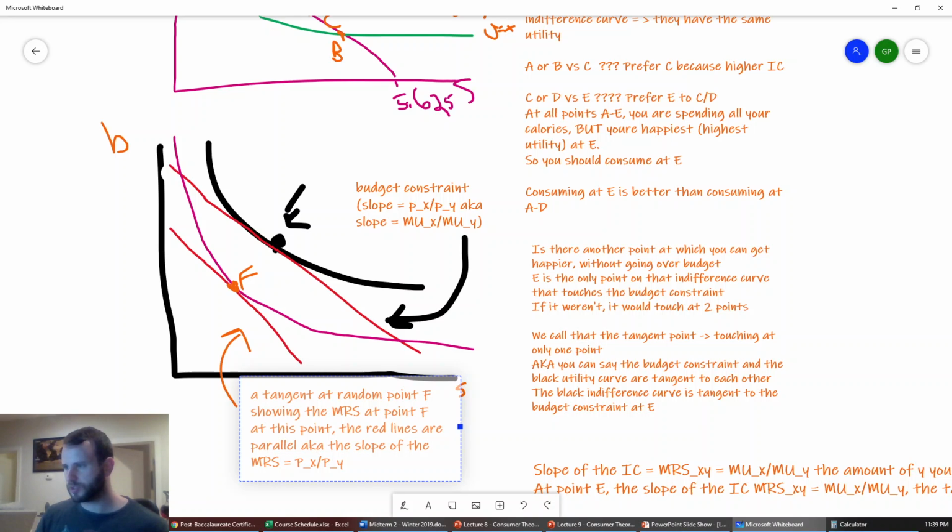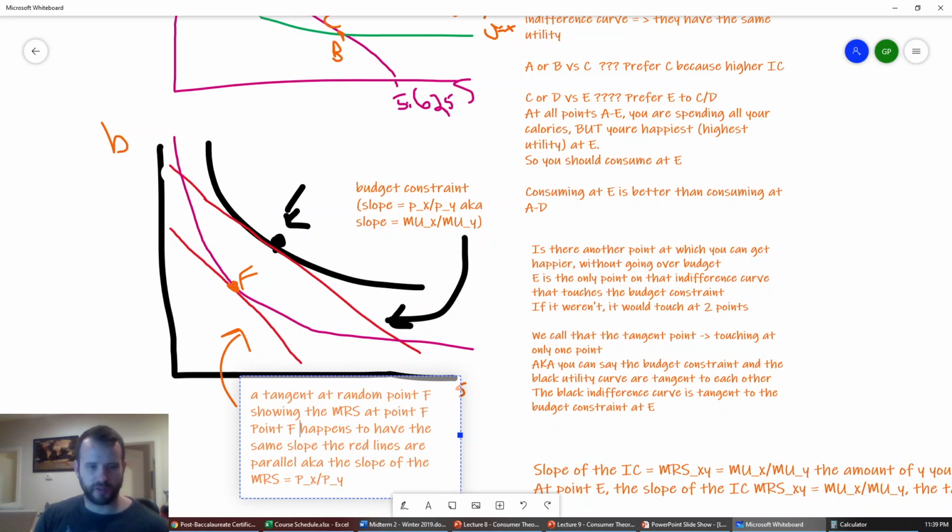At this point, let's say point F, just by the fact that eventually you're going to have the same slope on an indifference curve as the budget constraint. So at point F, it happens to have the same slope as the budget constraint, aka the marginal rate of substitution is given by Px over Py.